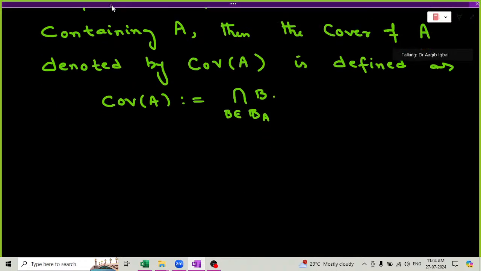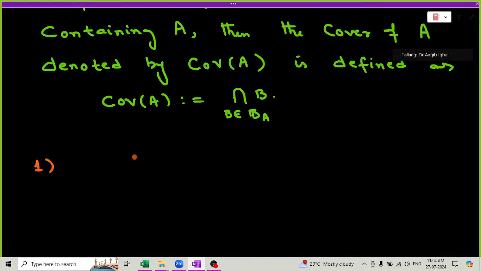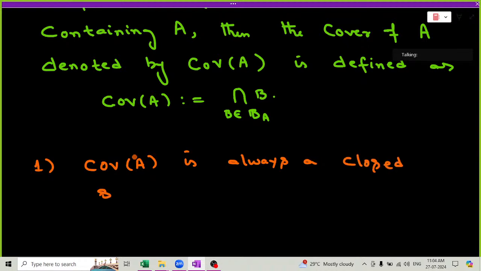Okay. Now I'll record certain remarks about this cover. The first remark is that the cover of A is always a closed set. Tell me why. Intersection of closed sets.